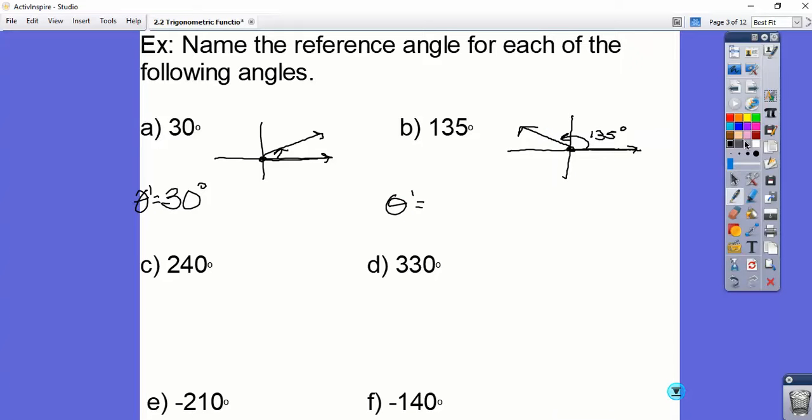So when I'm looking for my reference angle, I am looking for this down here. How would I find that? 180 minus the 135, and that gives me 45 degrees. Your reference angle itself will be something between 0 and 90 every time. Yes? Okay.